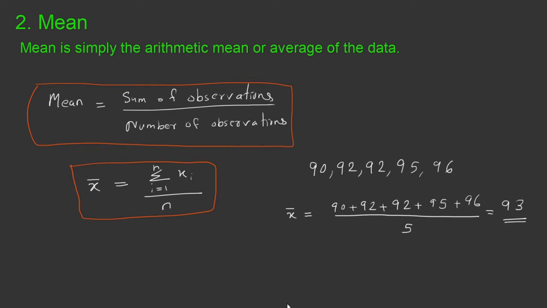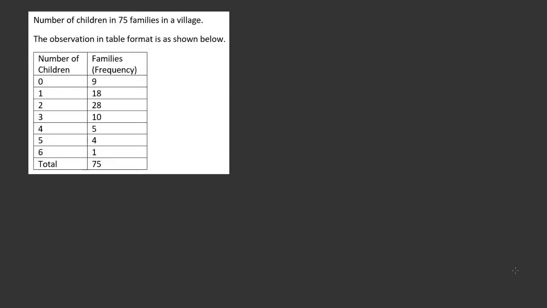What if the frequency is given? Consider an example. Number of children in 75 families in a village. The observation table format is shown here. What does this data show?